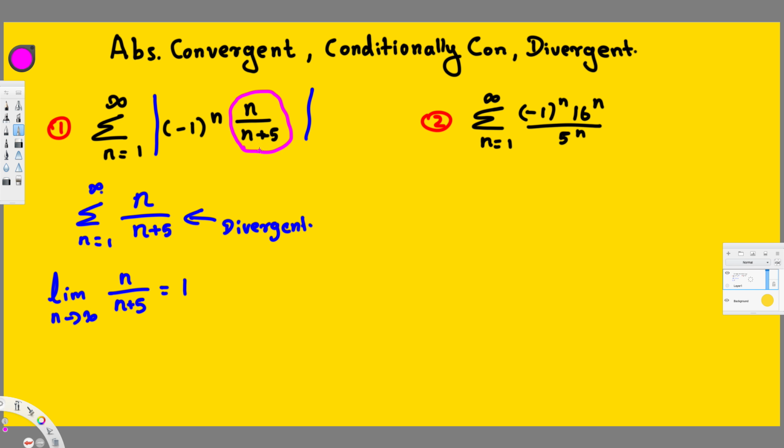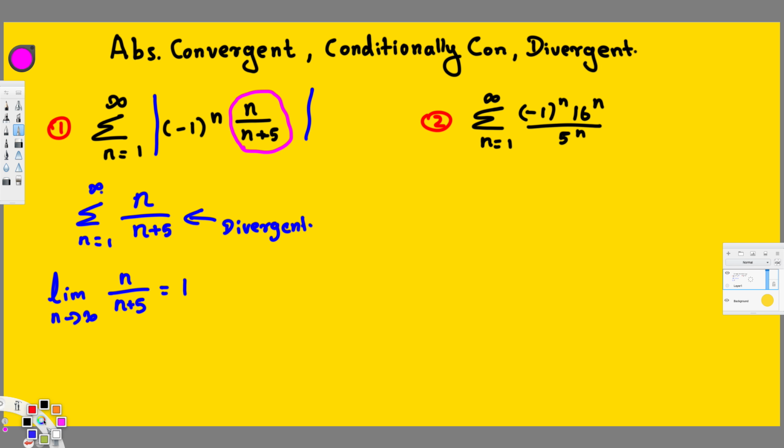If it satisfies both, then this is a convergent alternating series. But if it fails to satisfy one of them, this is a divergent series. Here we took the limit of the same thing, it's equal to 1, so this is not equal to 0. So this is a divergent alternating series.